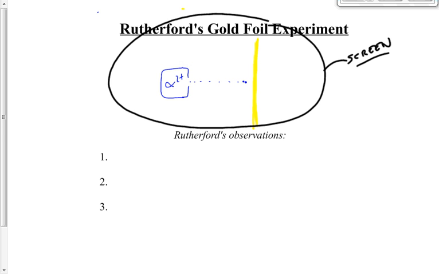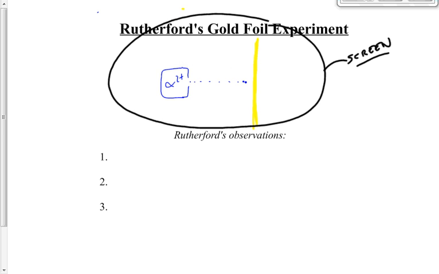It'll glow when charged particles strike it. So wherever these alpha particles end up hitting the screen, this screen will be caused to glow, and we're going to be able to identify, therefore, where it hits the screen. So Rutherford and his assistants fire these alpha particles one at a time at this gold foil.